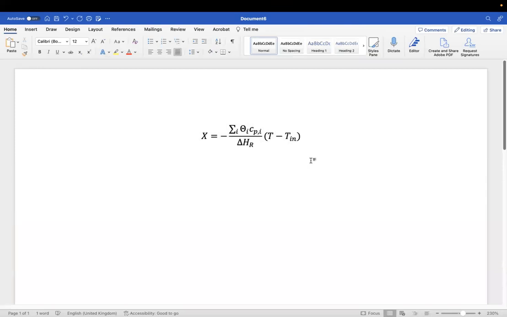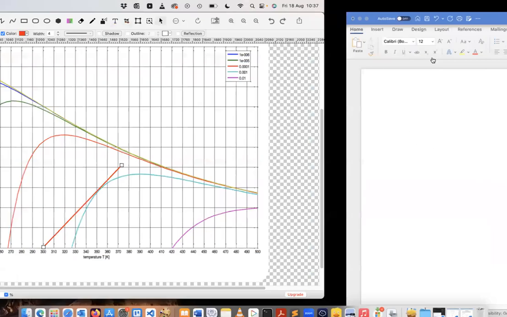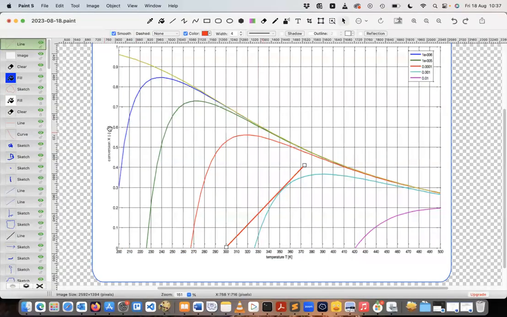Yes, please go ahead. So I just wanted to ask, what is on the y-axis? So we can see here, that's conversion on the y-axis, and temperature here.